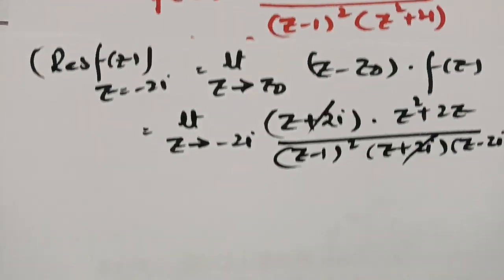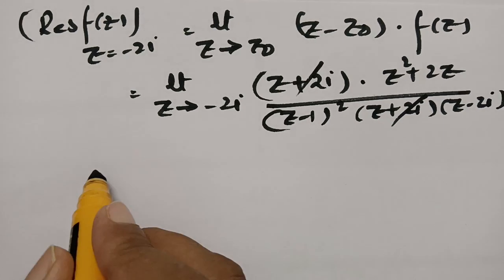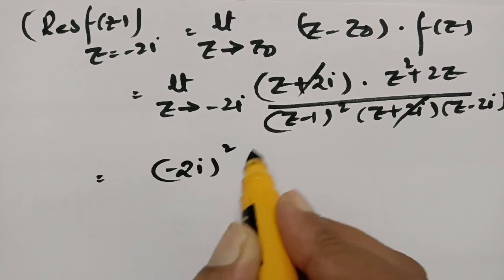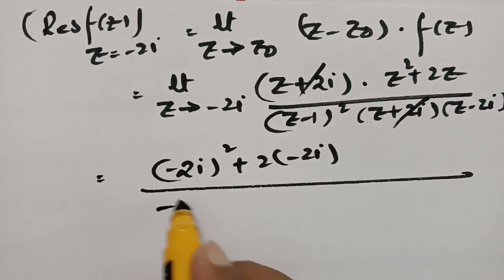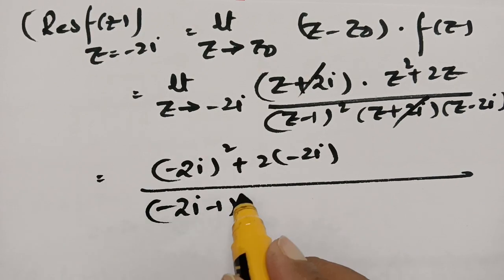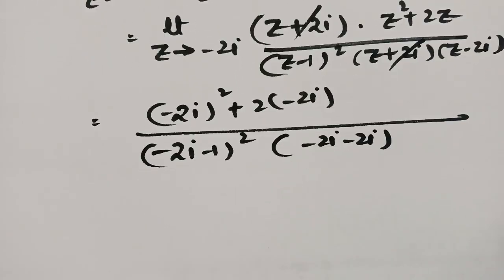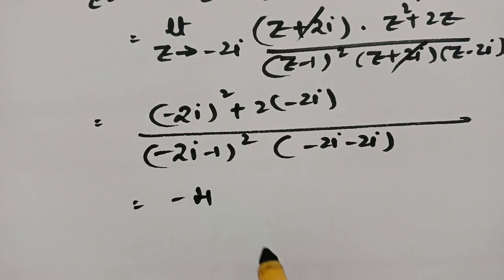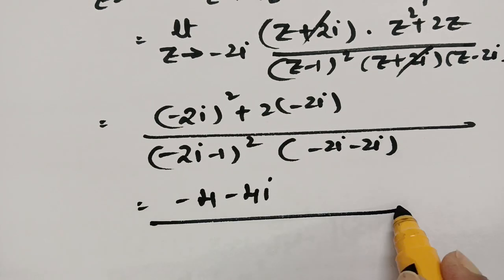So if I cancel z plus 2i and substitute minus 2i here, then this will be minus 2i square plus 2 times minus 2i by minus 2i minus 1 whole square into minus 2i into minus 2i. So this is 4i square, so this value is minus 4. Clear? i square is minus 1 and this value is minus 4i.